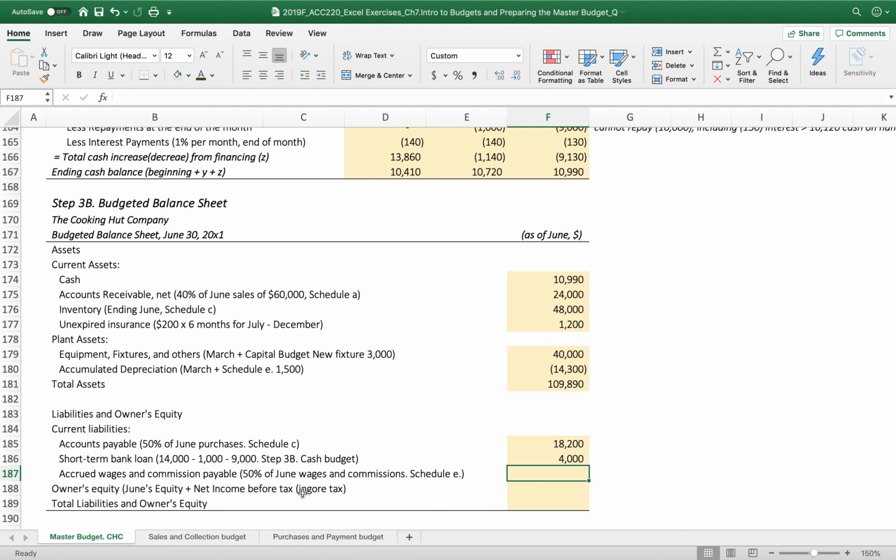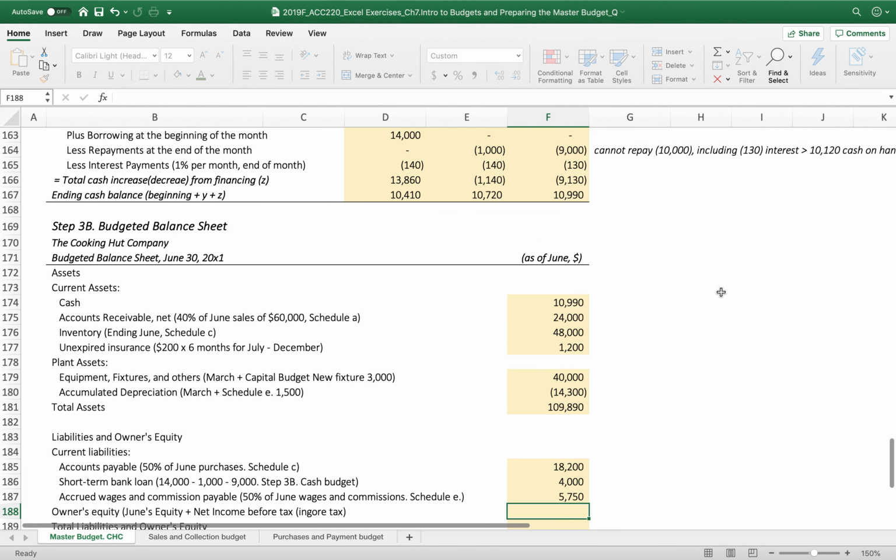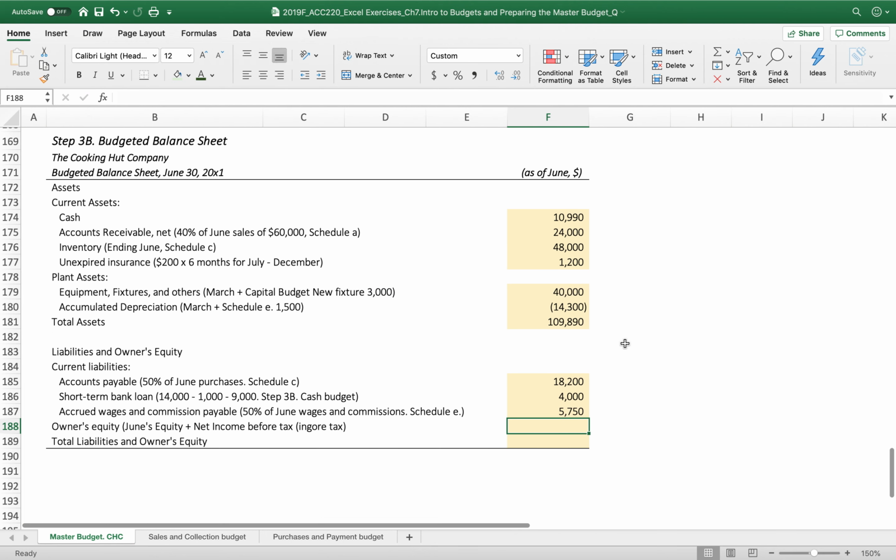And then accrued wages and commission payable is 50% of June wage and commission on the Schedule E. Let's come back to the Schedule E. The wage is 11,500. Out of this, 50%, so 5,750. So that's it.